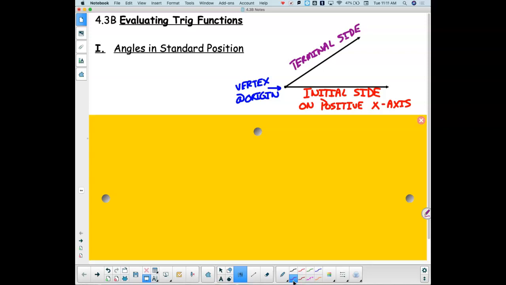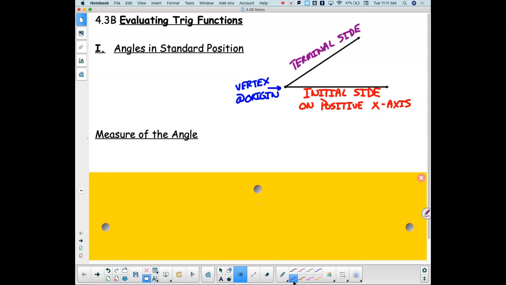Okay? So then the measure of an angle is the amount of rotation from the initial side to the terminal side.